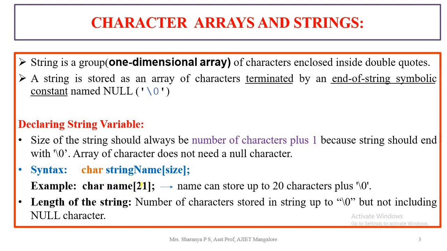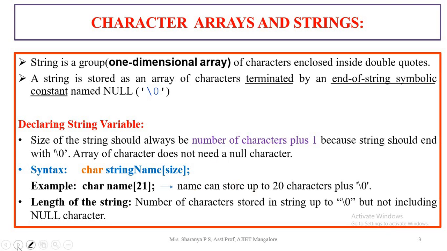The one extra size is responsible for storing the \0. The number of characters stored in the string is always counted up to \0 but not including the null character. So the length of the string will be only 20. The \0 will not be added to the length of the string.